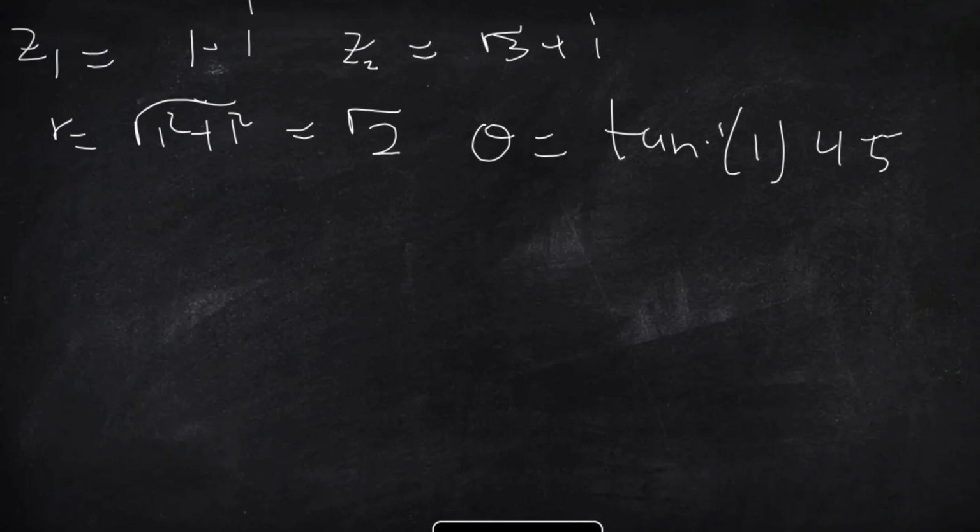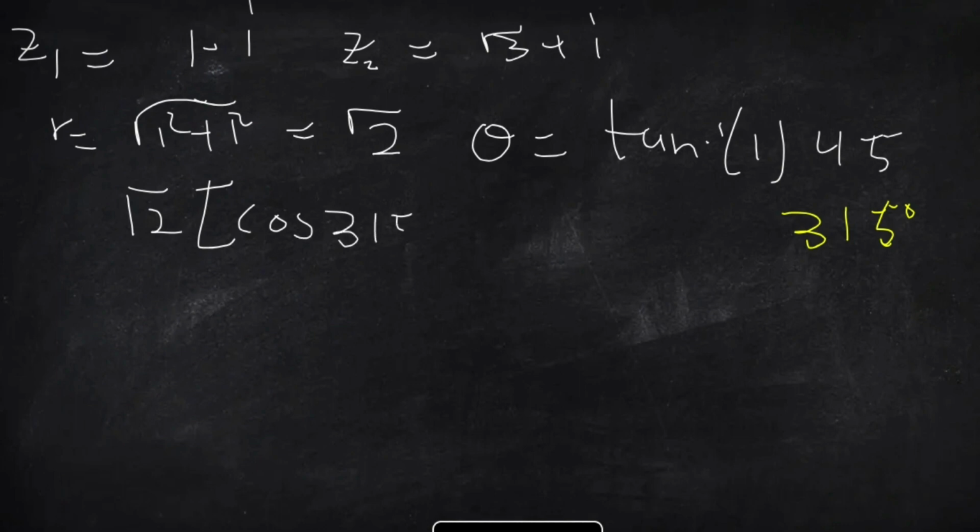But because it lies in the fourth quadrant, converting gives 315 degrees. In polar form it is root of 2 cos of 315 plus i sine of 315.